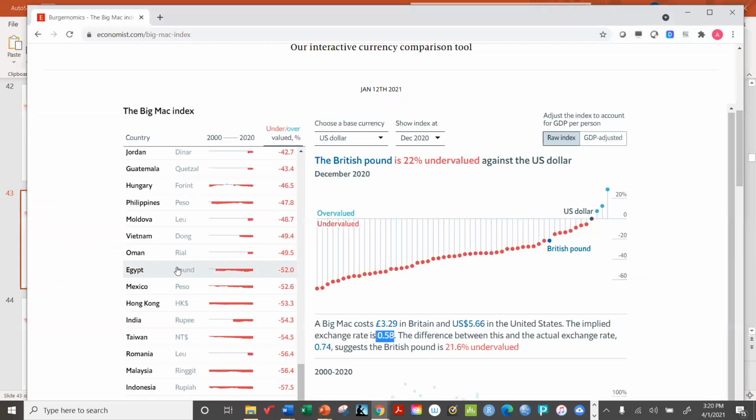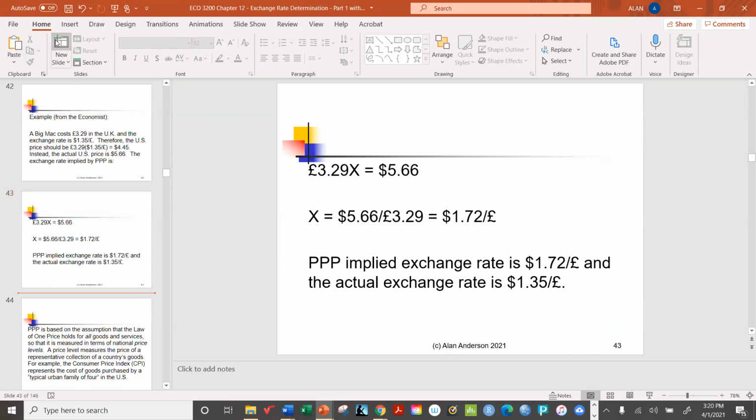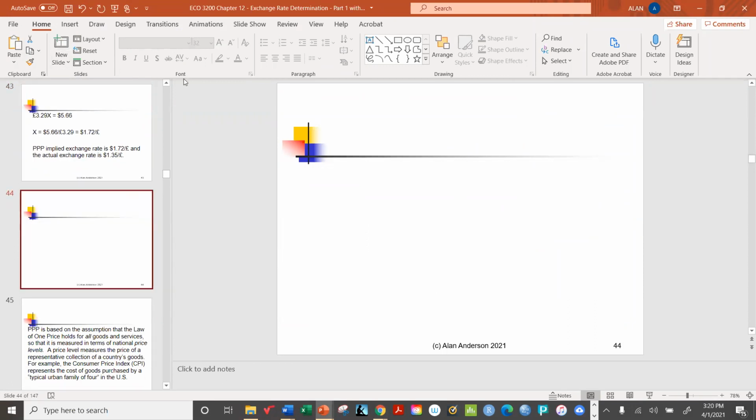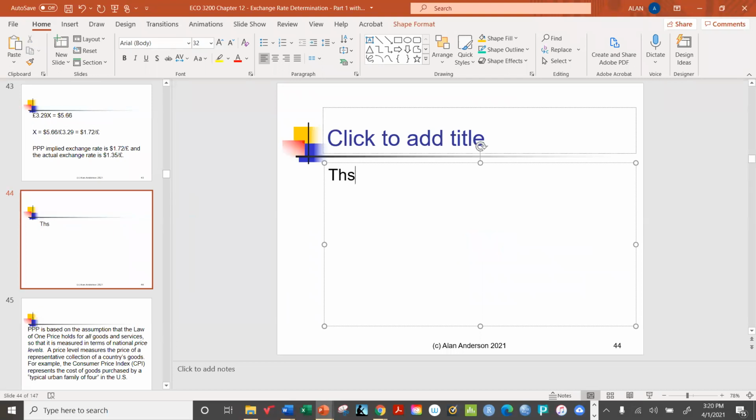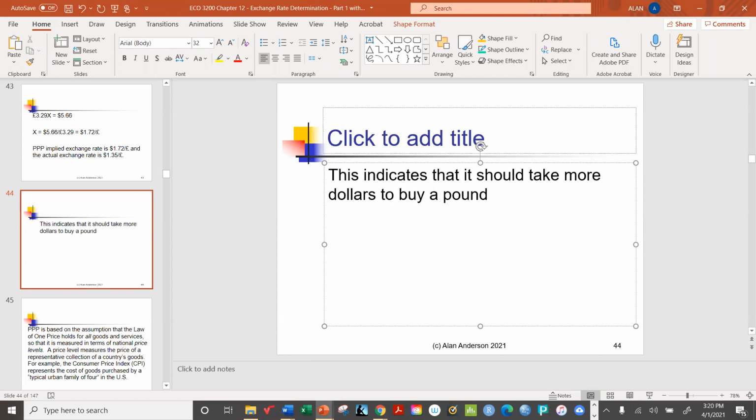What we're saying here is that it should take more dollars to buy a pound, so that the pound is undervalued compared with the dollar.